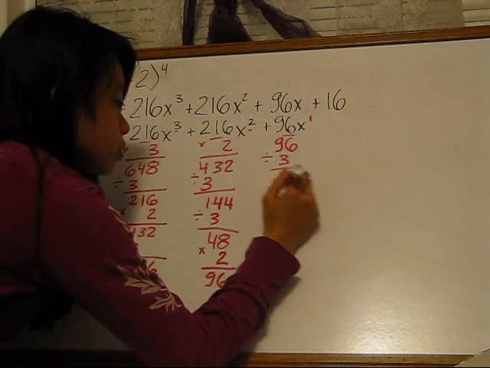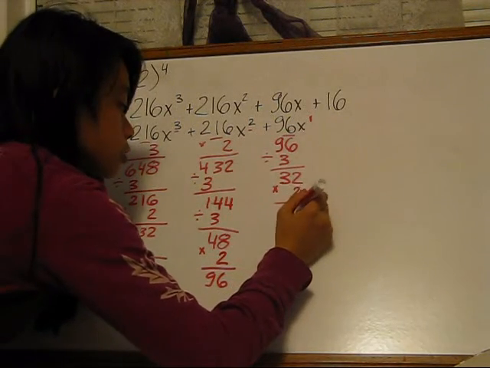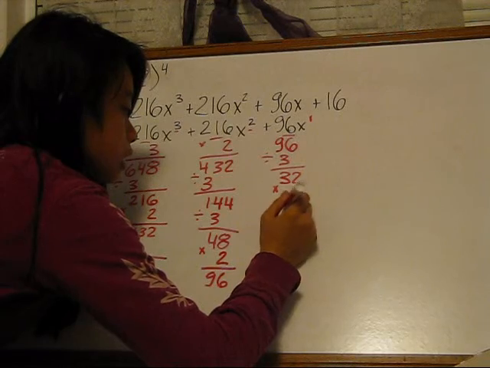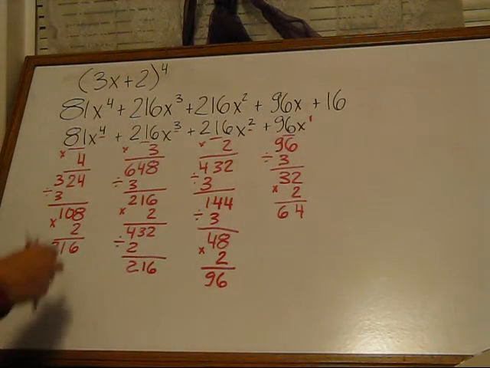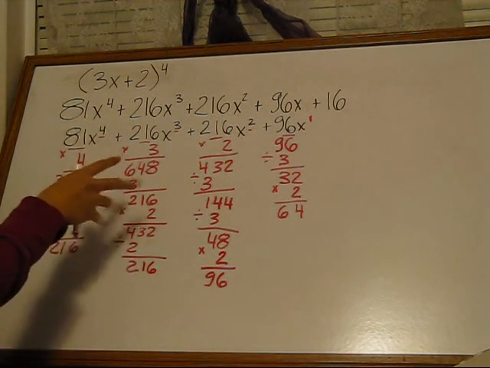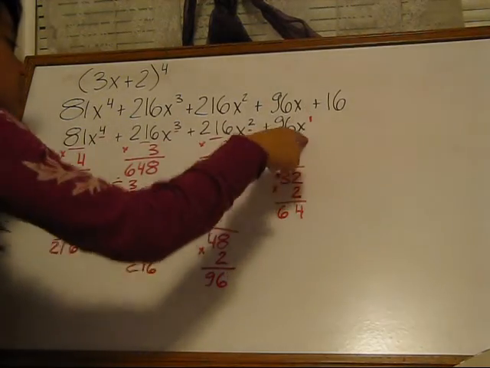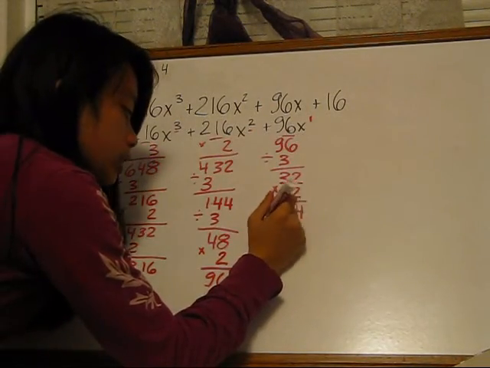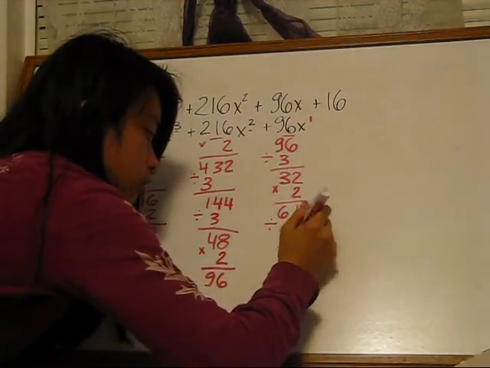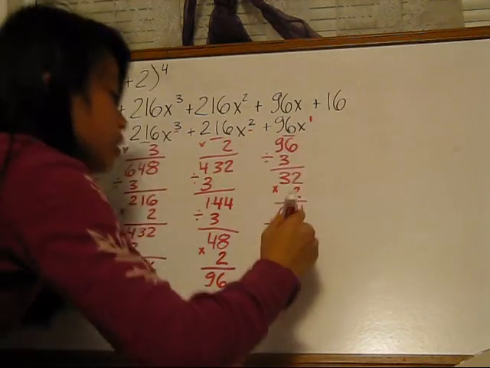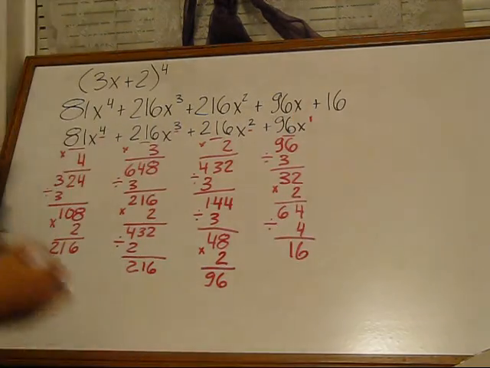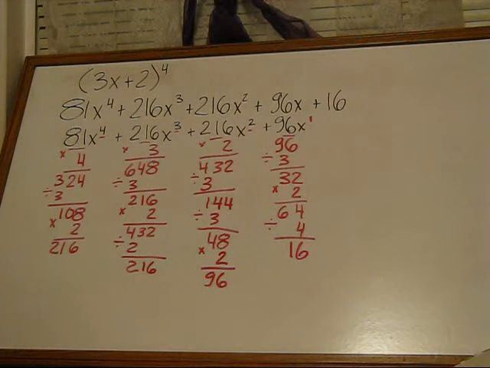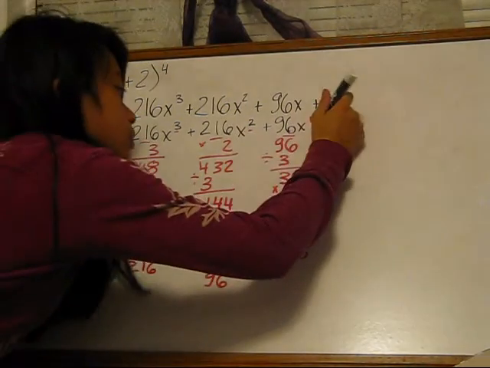Multiply by 2, that's 64. And then you see this, there's 4 terms, 1, 2, 3, 4. So you would divide by 4. That'd be 16. And then 16 would be your very last term.